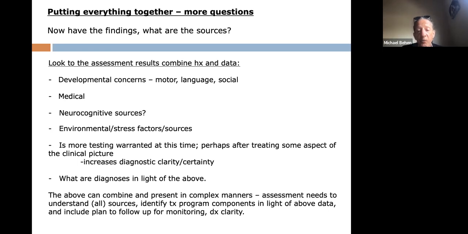In some cases, we will find multiple sources for problems. Let's say we have a child and the concern has been that they're struggling in school and struggling socially. We find that they do have a language problem, which can also contribute to social relating concerns.